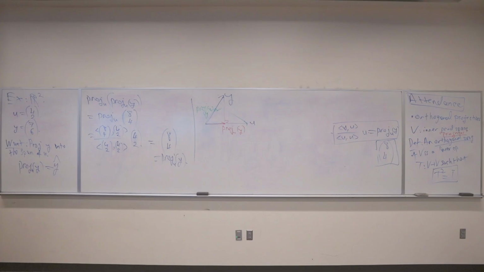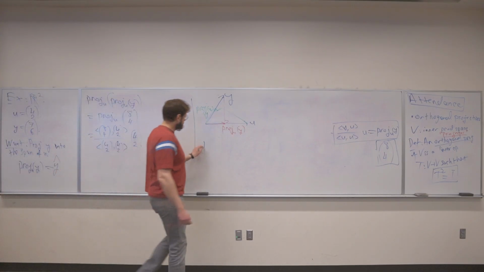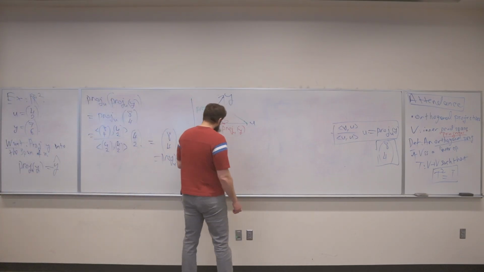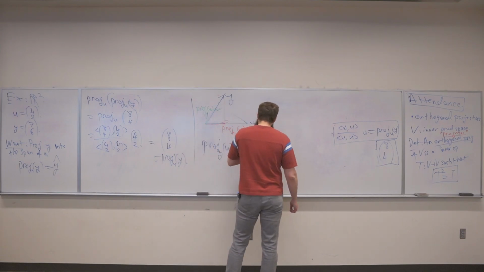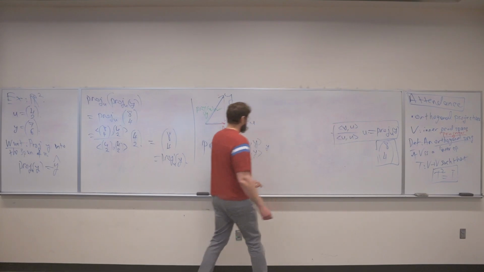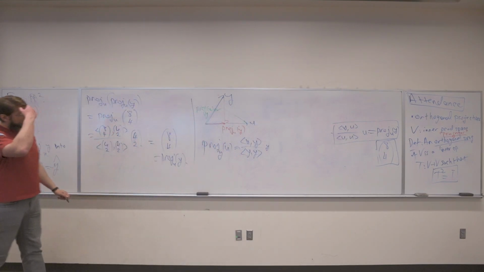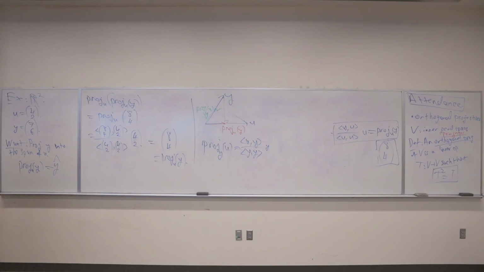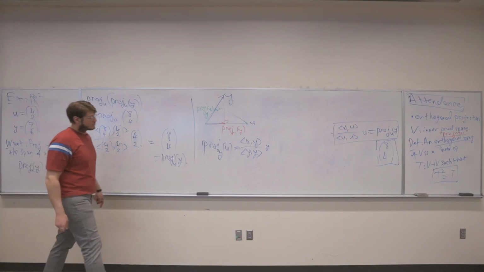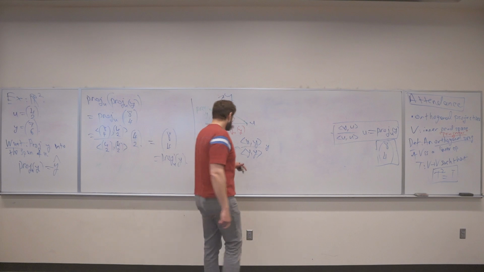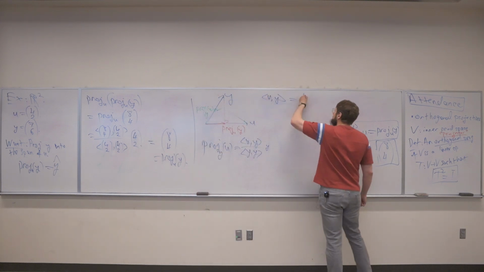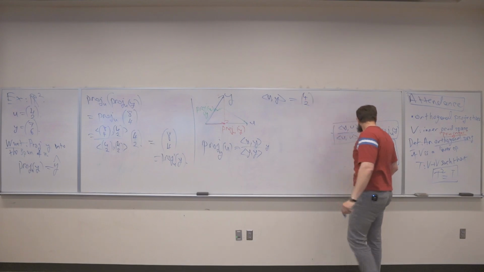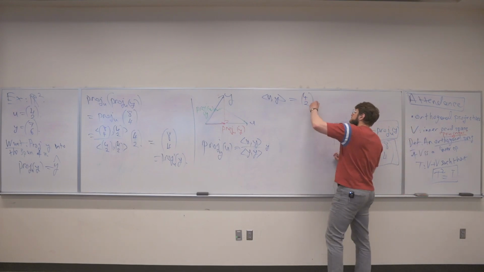I'm just going to use the formula. Proj sub y of u: u against y, divided by y against y, times y. Now, the numerator we had computed, right? I forgot, but let's compute it again. It's (4, 2) against (7, 6).